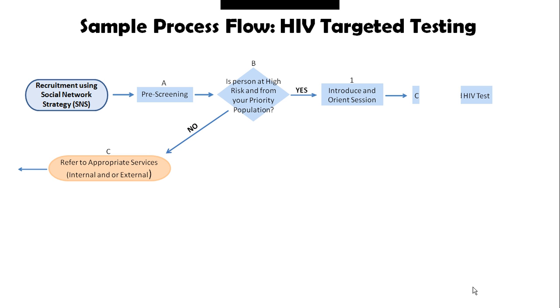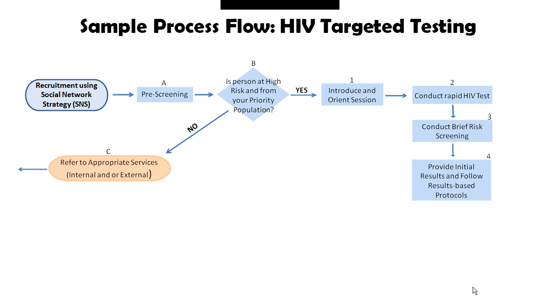The next process would be to conduct that rapid HIV test. And while the test is running, the next process would be to conduct a brief risk assessment with this individual. Step 4 is we're going to provide that initial result to the client.